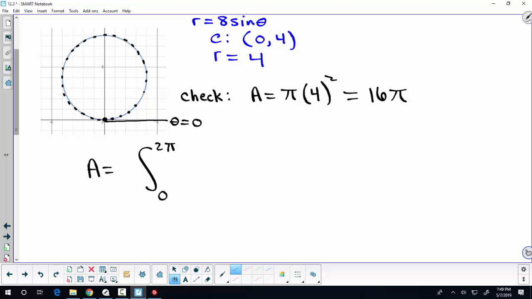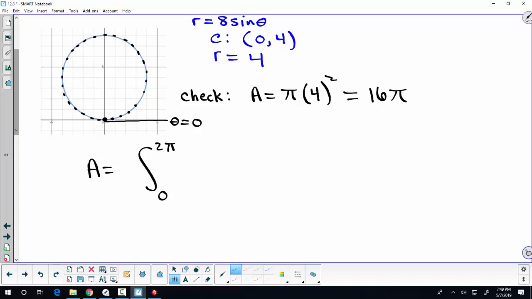Here's a theta value of pi over 2. So if we go from 0 to pi over 2, we sweep out half of the circle. Everybody see that? So if we go from pi over 2 to pi, then we've swept out the other half of the circle. Does everybody agree? If you go to 2 pi, then you're going to sweep out the circle once more.